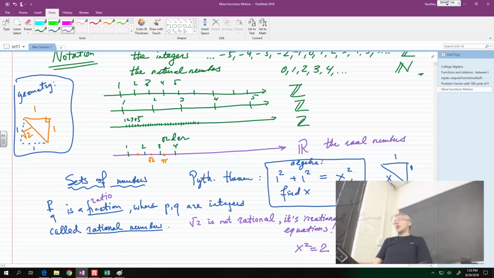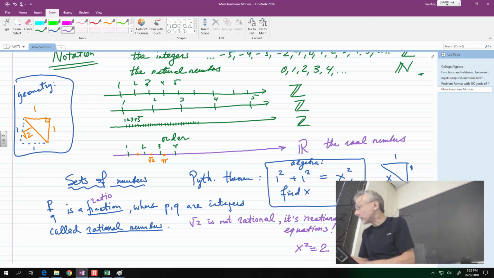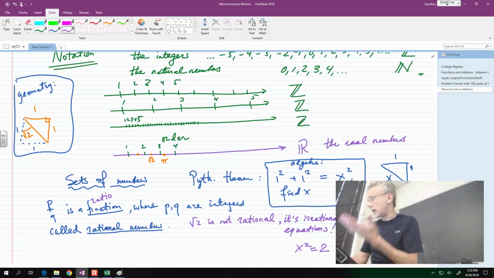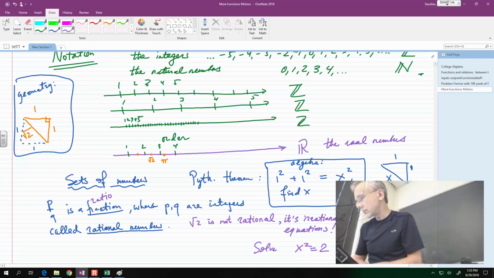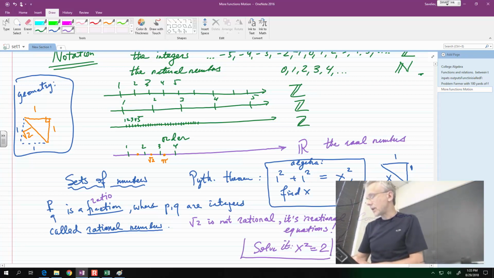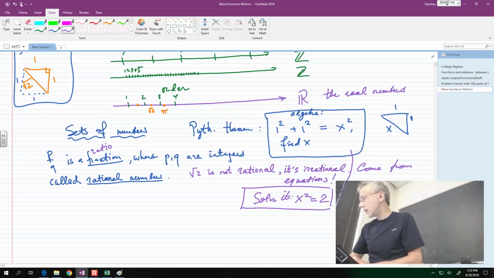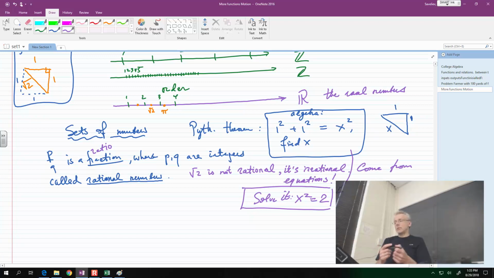Okay, so that is the equation. So x satisfies this equation that comes from the Pythagorean theorem. Okay, and then you were supposed to solve it. So that's how I put this in a truly algebraic sense. You have an equation, just solve it. Okay, so we need to understand what it means to solve an equation, though.